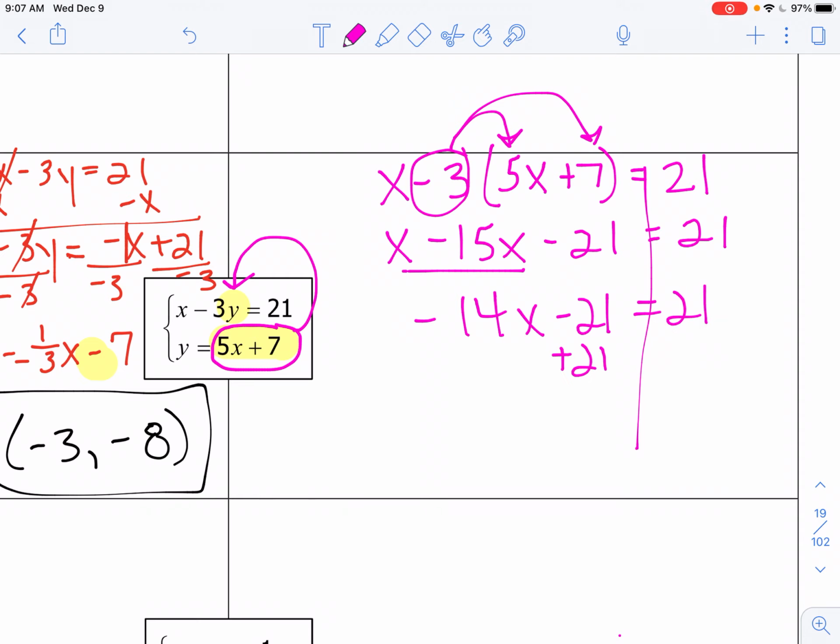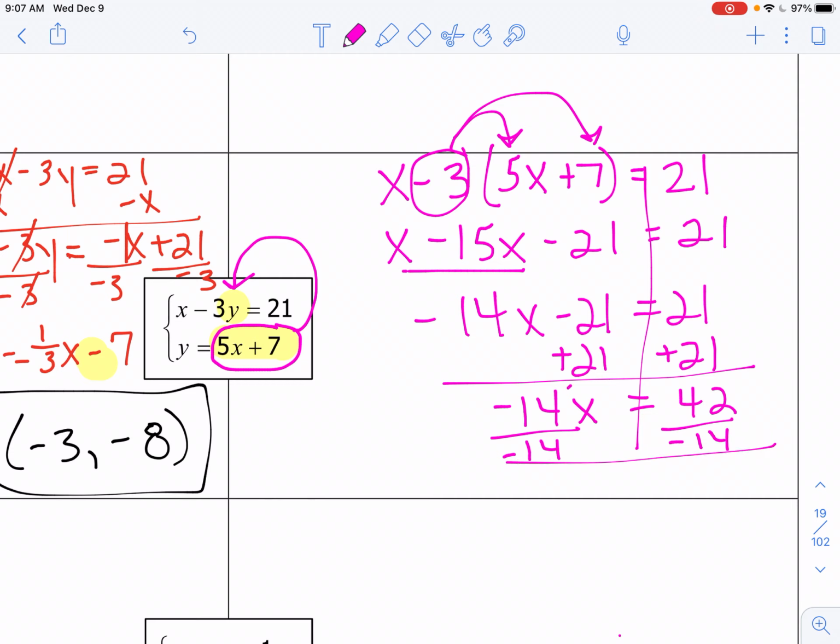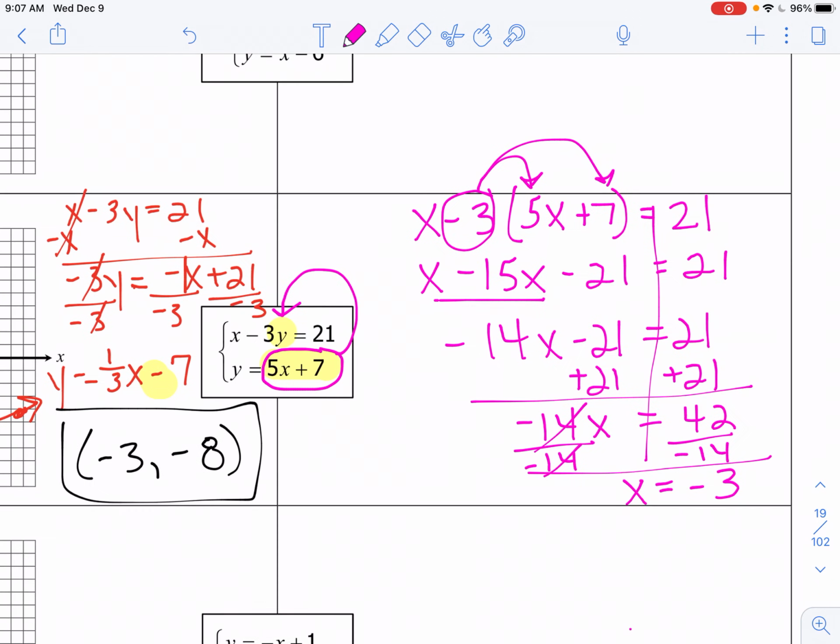And now I'm ready to add 21 to the right-hand side. 21 and 21 is 42. Divide by negative 14. Those cancel out. x equals negative 3. And again, that matches my negative 3 on the left-hand side over here, so that's good.